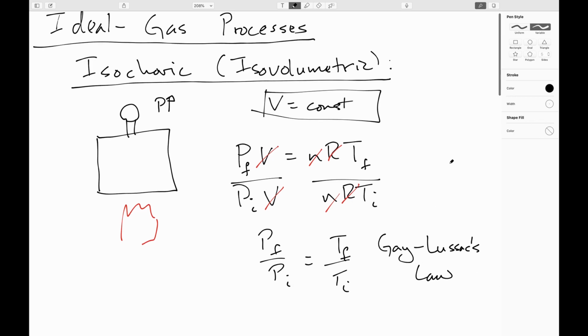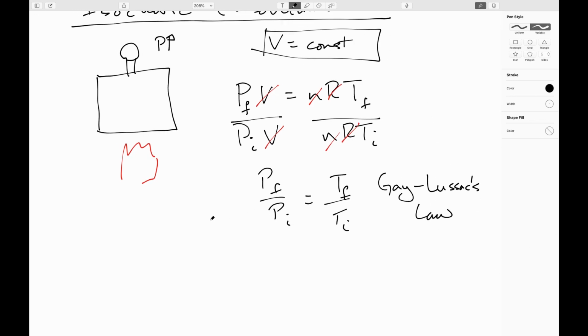Now, one of the things that physicists like to draw to help visualize these processes are things called PV diagrams. This is where you draw two axes, pressure and volume. You just literally draw dots to mark the initial and the final.